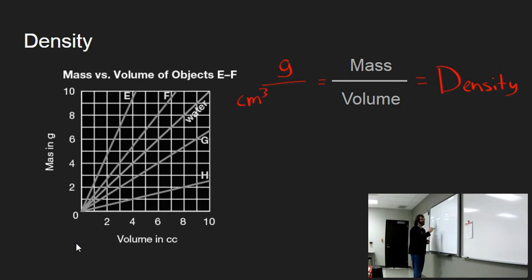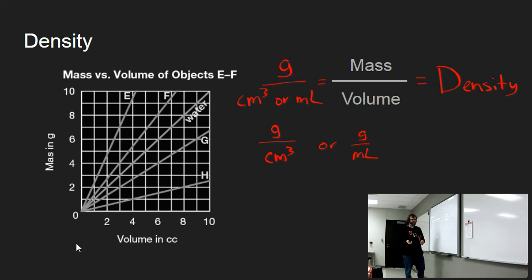And if it's a liquid, we normally would use a graduated cylinder, which we often represent as milliliters as our volume. These are not the only units for mass and volume, but very commonly you're going to see density expressed as grams per centimeter cubed or grams per milliliter. That is not the only unit you will see for density, but it is definitely the most common.